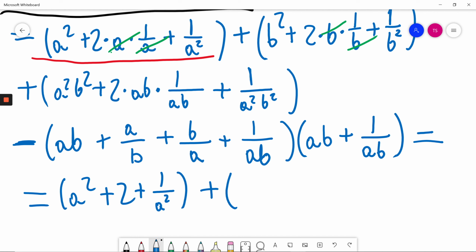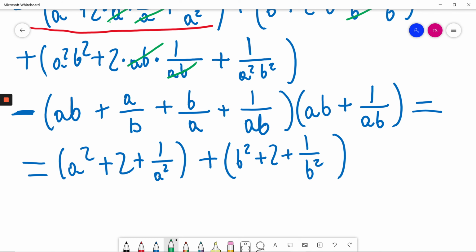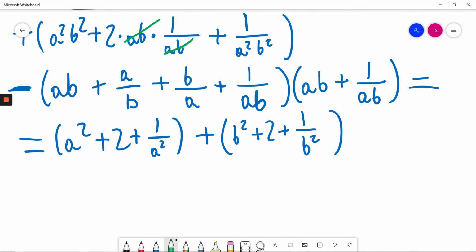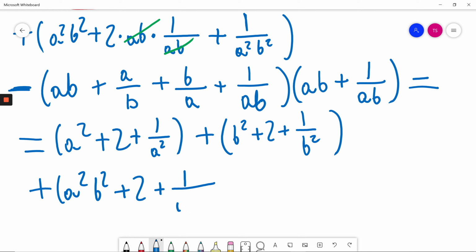So I will have b squared plus 2 plus 1 divided by b squared. The next bracket, similarly, this divided by this will be 1. So I will have plus a squared b squared plus 2 plus 1 divided by a squared b squared.